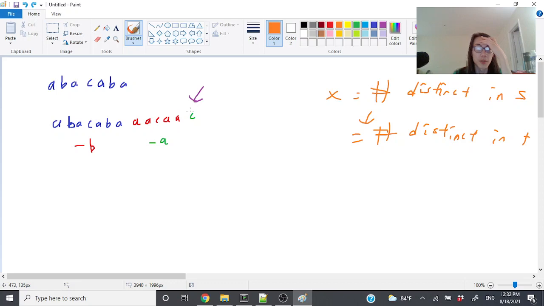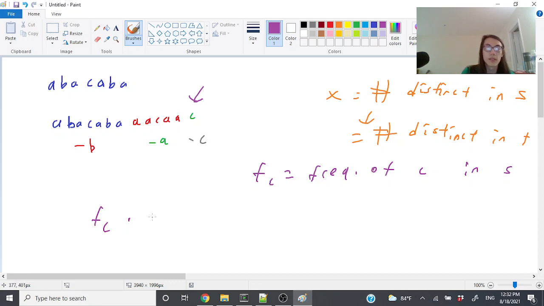So how many times is C going to show up? For notation, let f of C be the frequency of C in S specifically, not T. Then we know that the last character in the order is going to show up in T f of C times X times, because we have exactly this many characters of C each time.